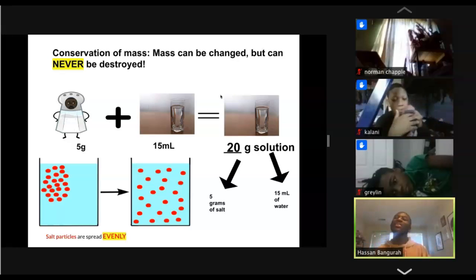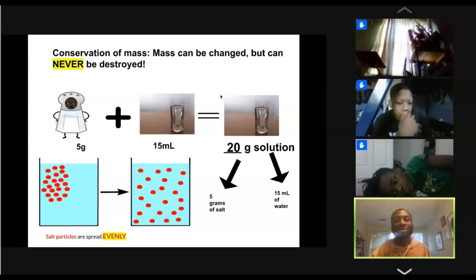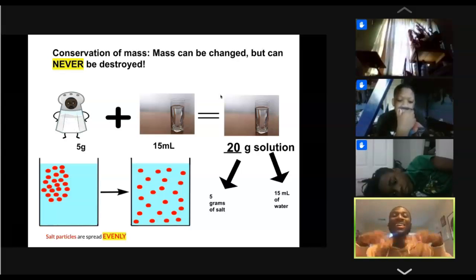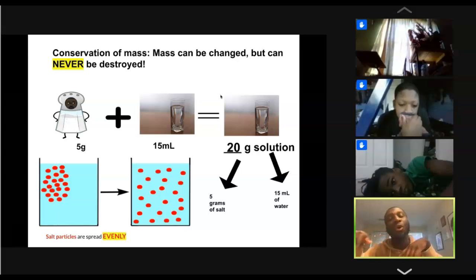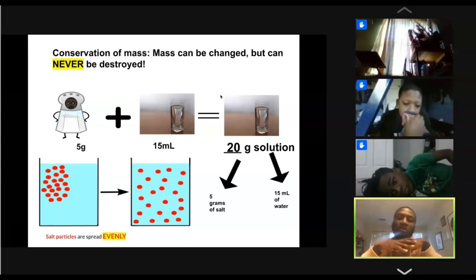My next question is, does the amount of salt particles increase, decrease, or stay the same?